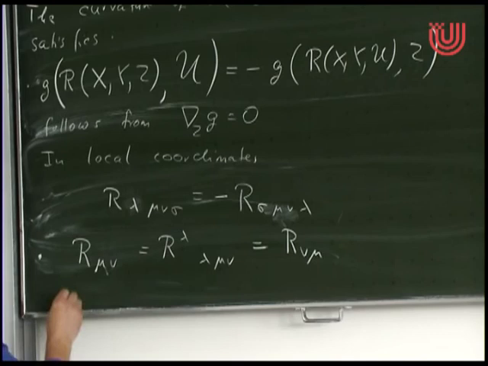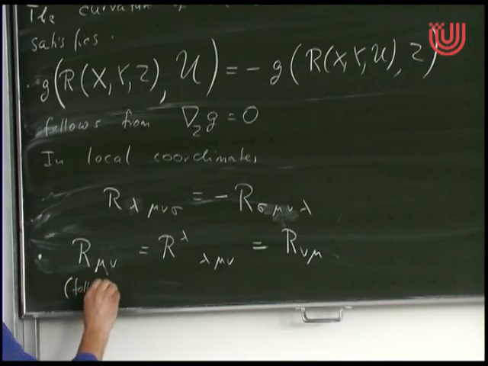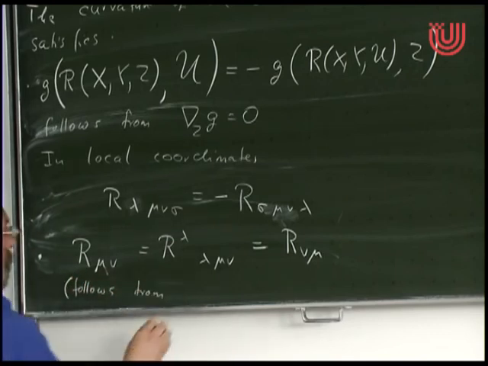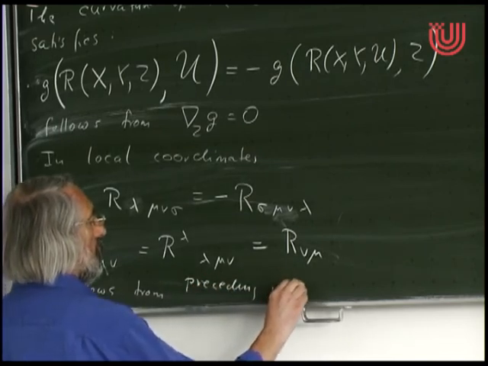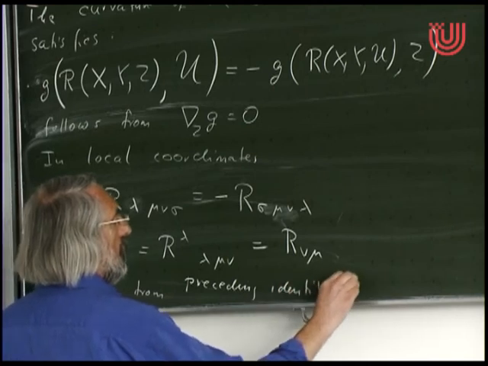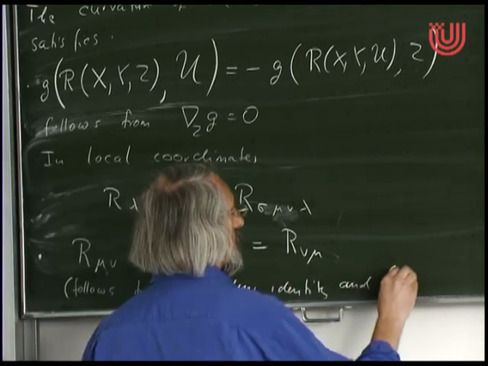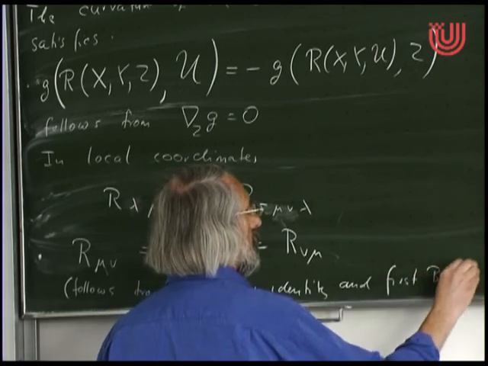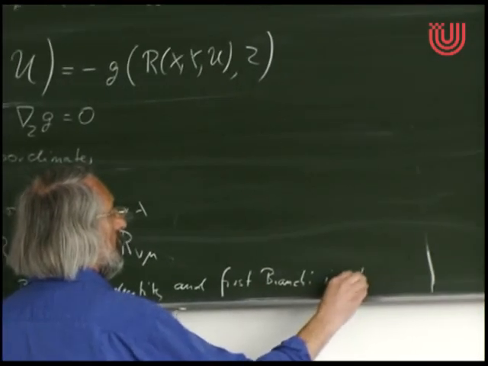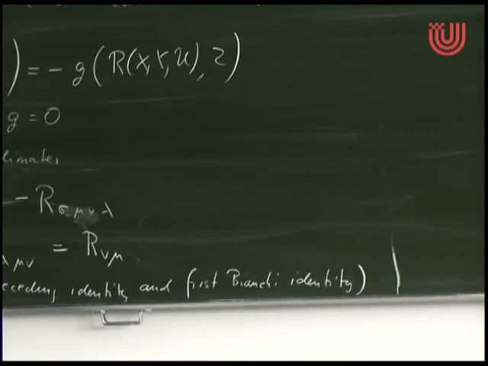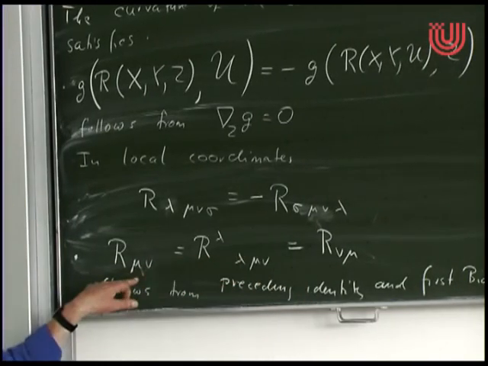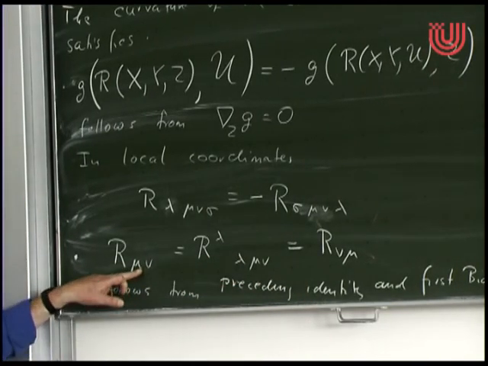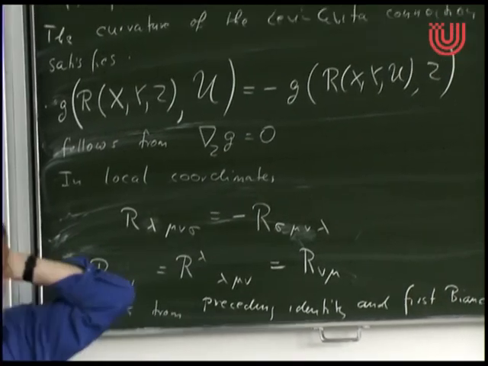This follows from the preceding identity and the first Bianchi identity. In general the Ricci tensor is not symmetric. The Ricci tensor which derives from an arbitrary connection is not symmetric. But the one which is associated with the Levi-Civita connection is.